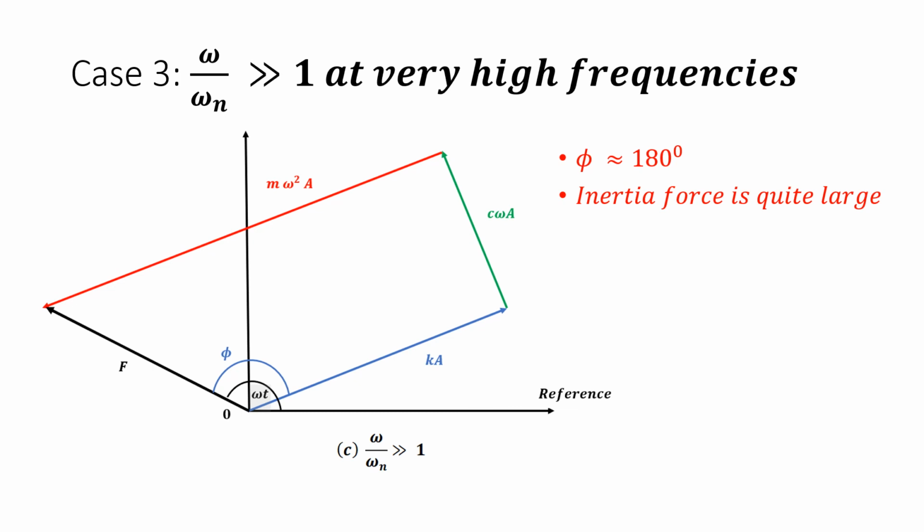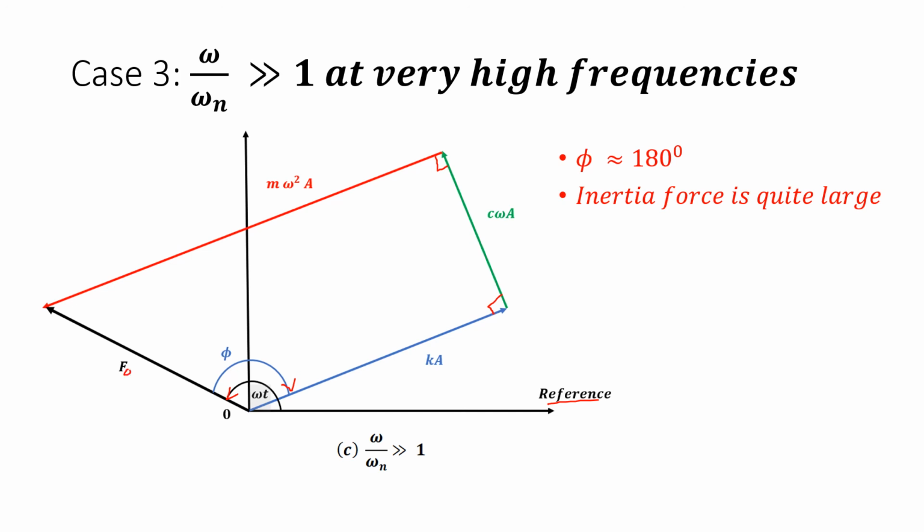Now, of course damping force is at 90 degree to spring force, inertia force is at 90 degree, omega t is any angle at time t with reference we have taken. Now phi is the phase difference by which Ka lags behind the external excitation F, or its amplitude is F naught.